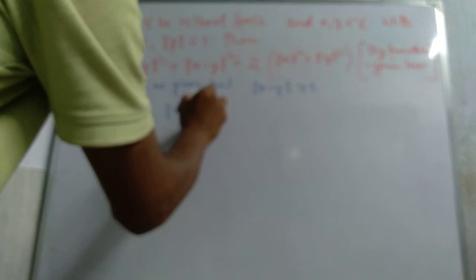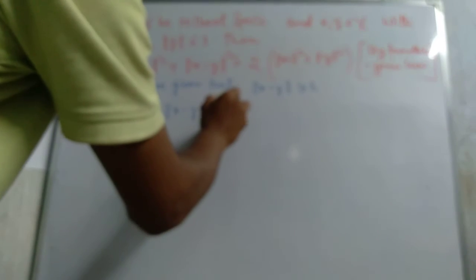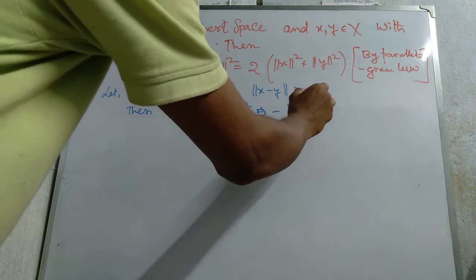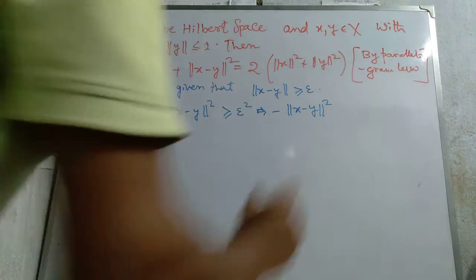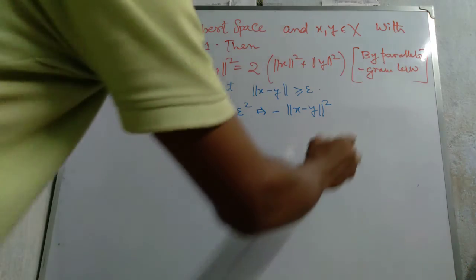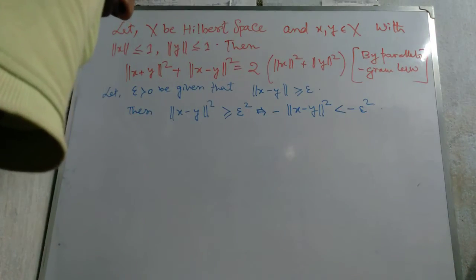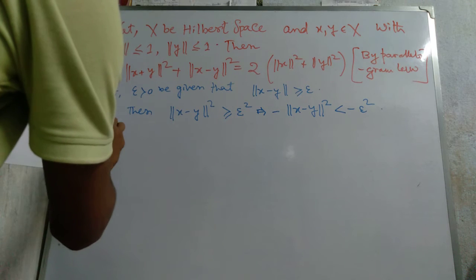Then norm of x minus y squared is greater than or equal to epsilon squared.